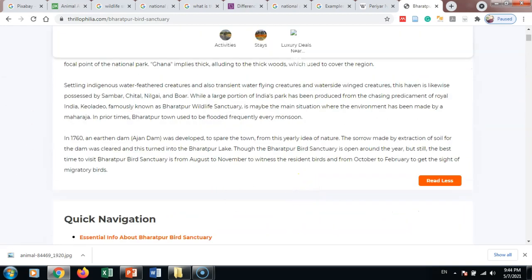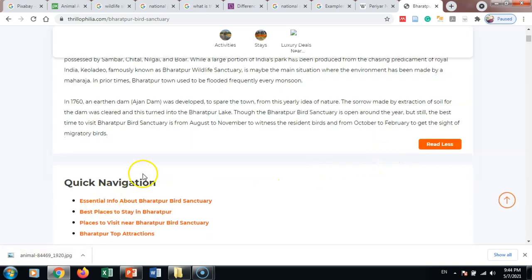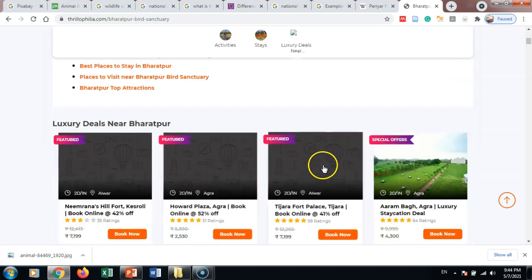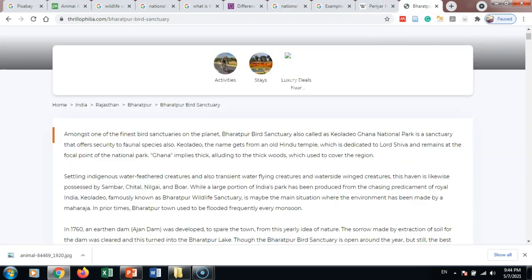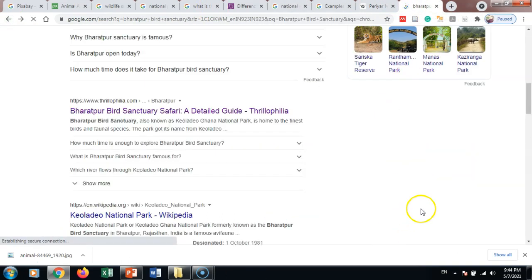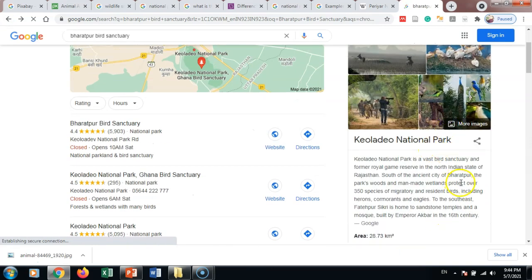Let's see for which migratory birds it is famous. It has 350 species of migratory birds and resident birds.